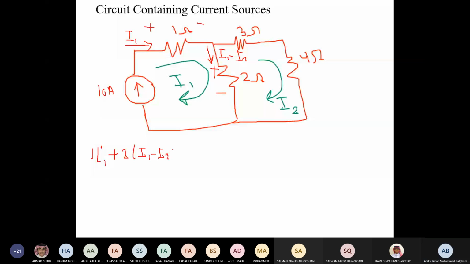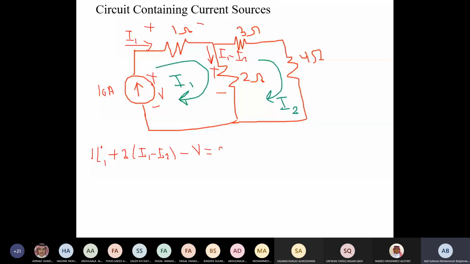Now, when I come to the 10 ampere, let's say there is a voltage here, plus V. Sorry, minus V. You can put it plus minus, that's okay. So you say minus V equal to 0. The problem is I cannot express this voltage V in terms of the mesh current.